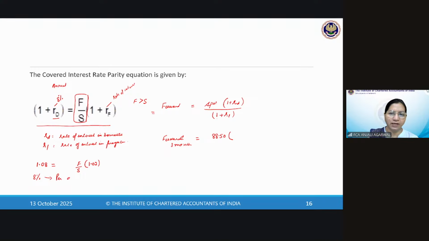And we are going to calculate the forward rate for 3 months. So 8 divided by 4, there are 4 quarters, 2% for the 3 months.